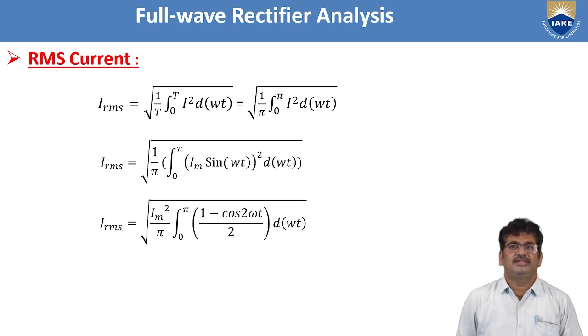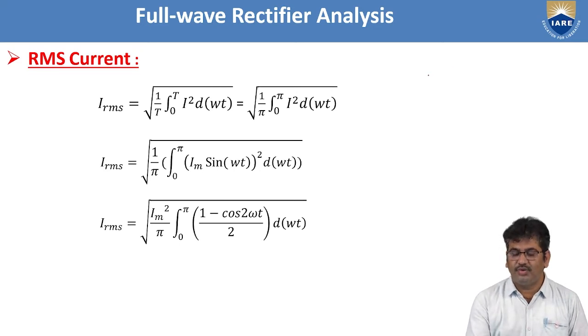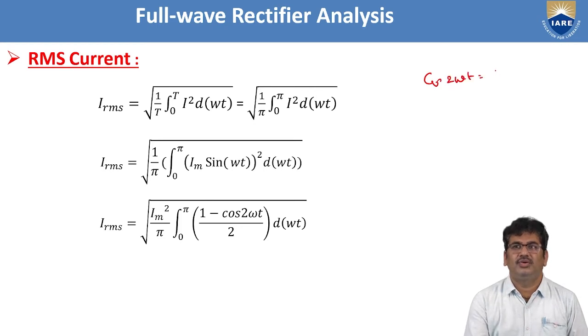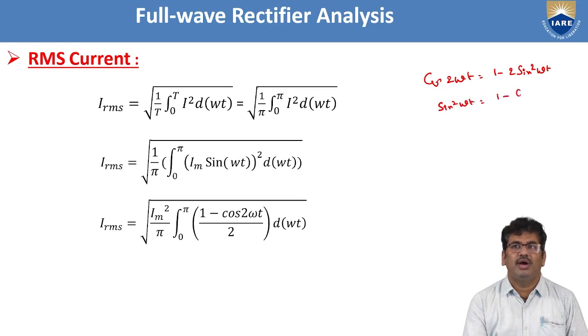Then we can rewrite as Im square divided by pi integral 0 to pi sin square omega t, which we can write in terms of cos omega t. As we know, cos 2 omega t is equivalent to 1 minus 2 sin square omega t. So sin square omega t is 1 minus cos 2 omega t divided by 2.